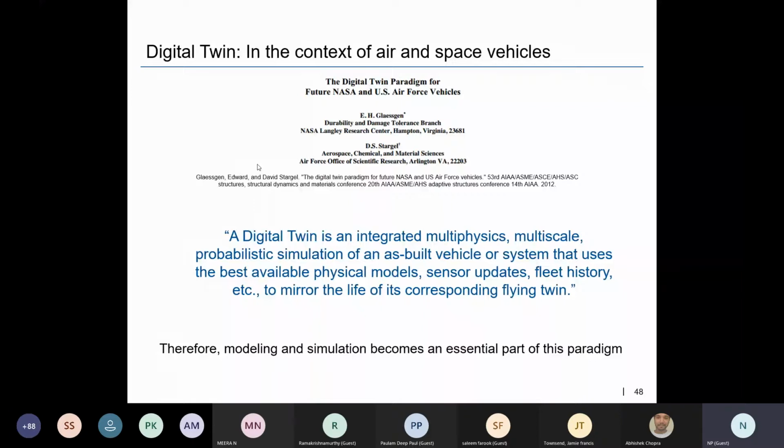while I was doing my PhD, I came across this a lot in the context of air and space vehicles, for example. So there's this paper, Glaessgen and Stargel, which was presented at AIAA SciTech, and it's a really well-cited paper, and they describe the digital twin in this way.